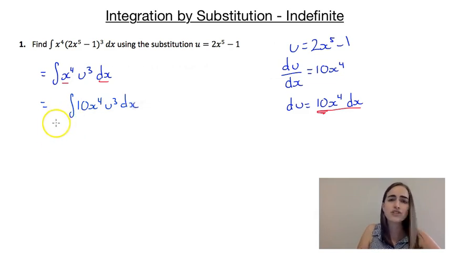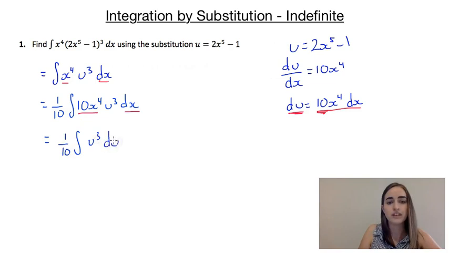But I can't just introduce a 10, so to compensate for that, I'm going to put 1/10 out the front. Now this whole section, this 10x to the 4 dx, can be replaced by this du. That's going to give me 1 over 10 times the integral of u cubed du.